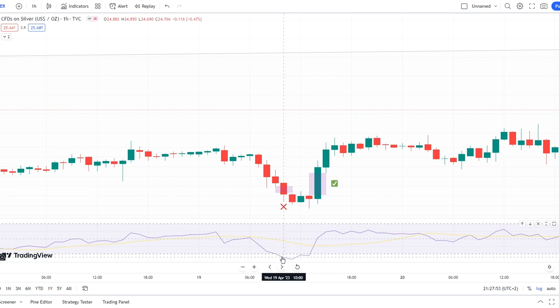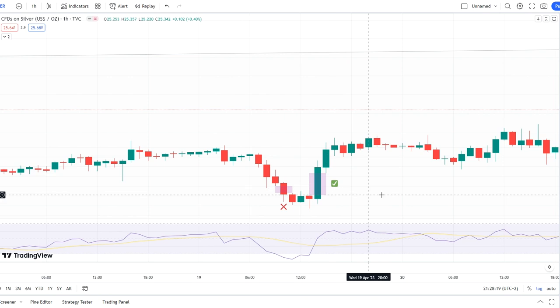But you see here your RSI is below 30%, which means that the market is already oversold. So it doesn't make sense to put a sell order at this moment. But at this moment here, okay, it's not at least overbought, so it makes sense to buy.